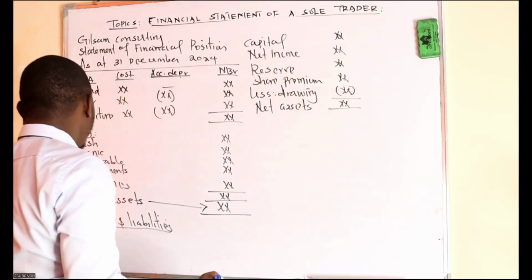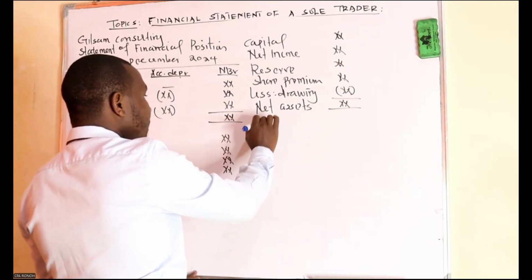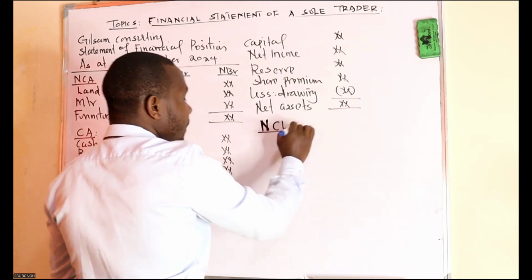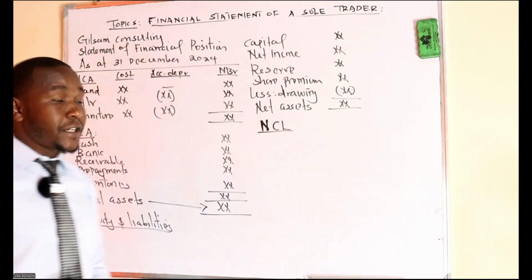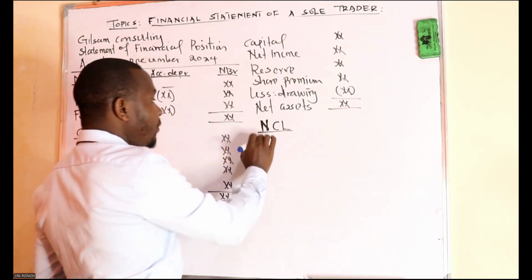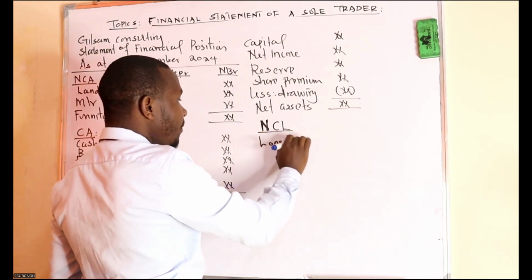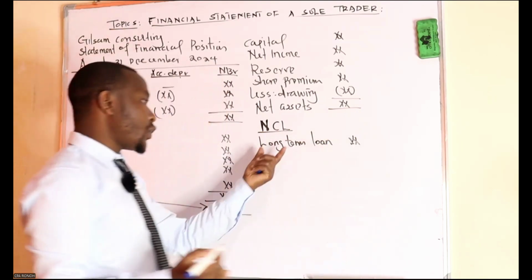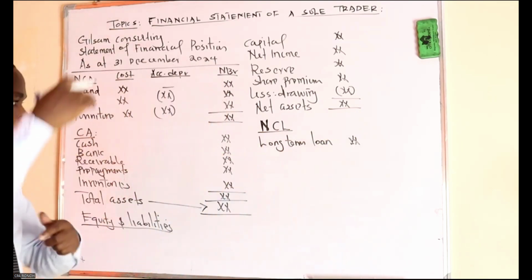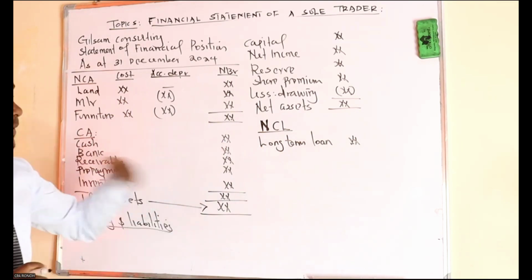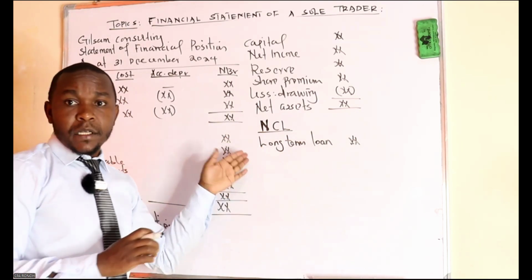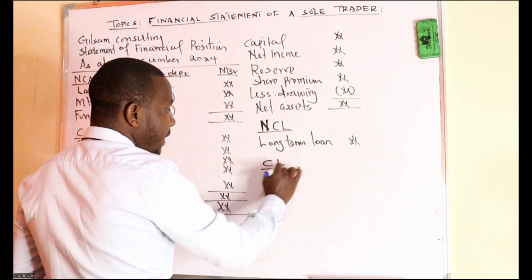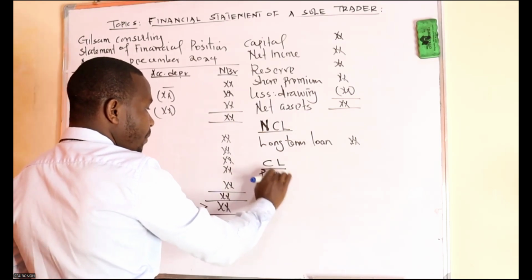And then to go to the non-current liabilities, we normally write the short form NCL, non-current liabilities. For non-current liabilities, loan, long-term loan. In your case, it will be long-term loans, but as you proceed doing CPA or SCCA, you will get some other long-term liabilities. Then you go to the current liabilities, CL: payables.